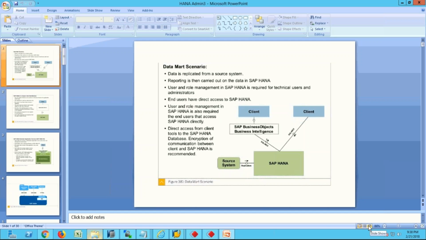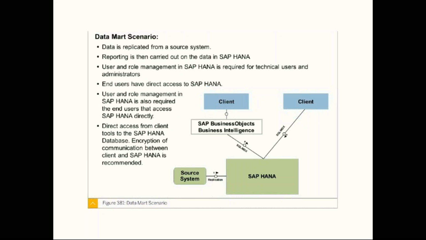So what you do in this data mart scenario, you set up HANA database, then replicate data from different sources into HANA database using some replication technologies. And then once data is replicated, you build data models. On top of the data models, you go for reports.